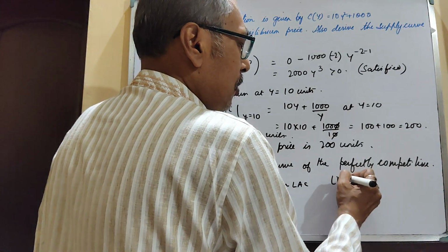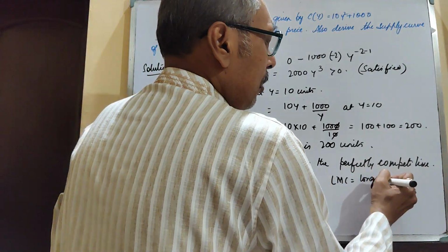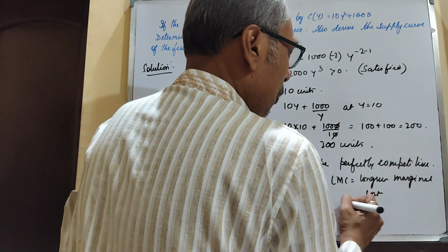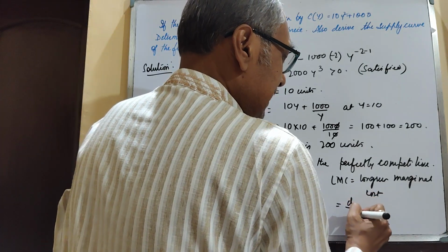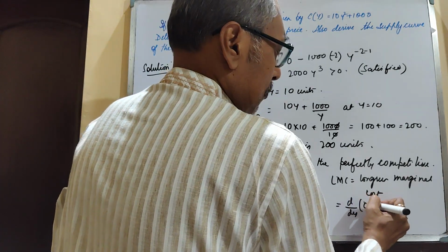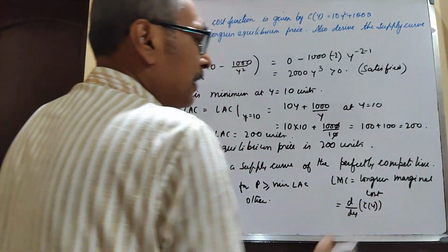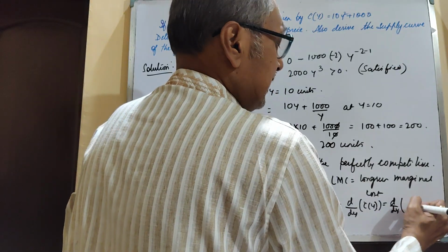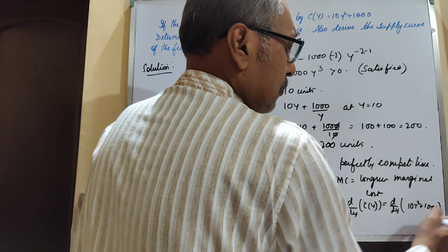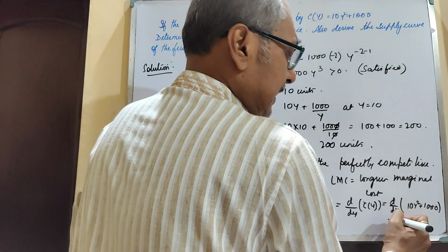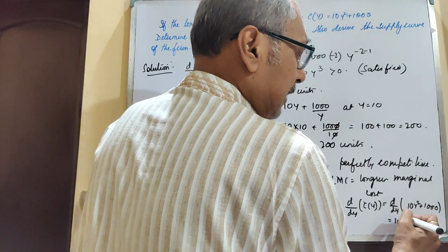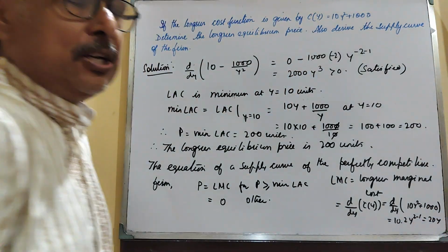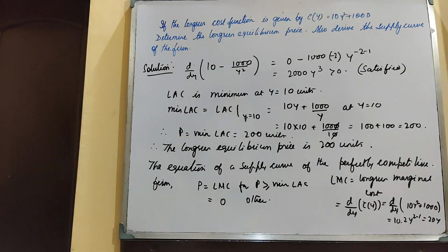Now what is LMC? Long run marginal cost. What is long run marginal cost? That is d by dy of C, the first order derivative of the cost function. We differentiate the cost function, 10y squared plus 1000, with respect to y. The 2 in the power comes here, y to the power 2 minus 1, so this is basically 20y. LMC equals 20y.